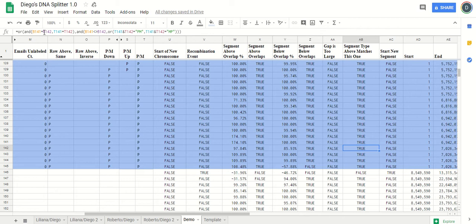Same face, and the value in column T is also the same. So the same face, and they're both paternal or they're both maternal. That's case number one. Case number two is where you have different faces, and one has to be paternal, the other one maternal, or the other one maternal and this one paternal.